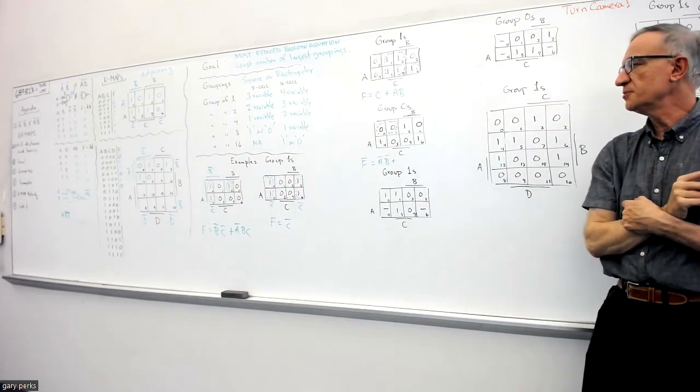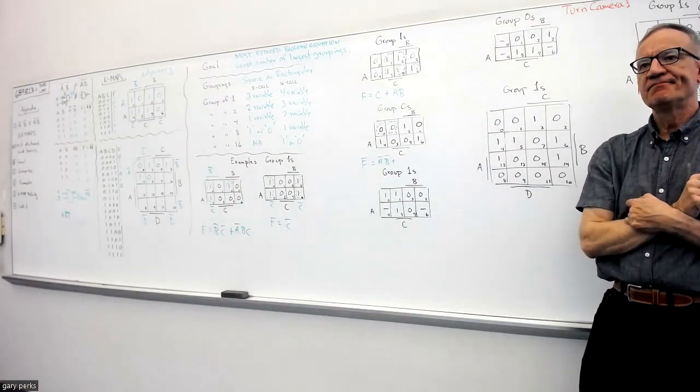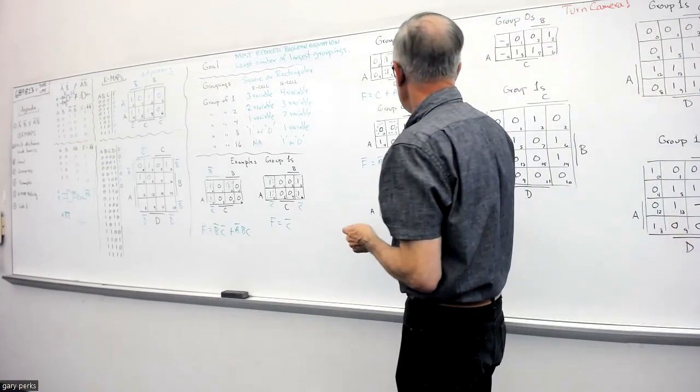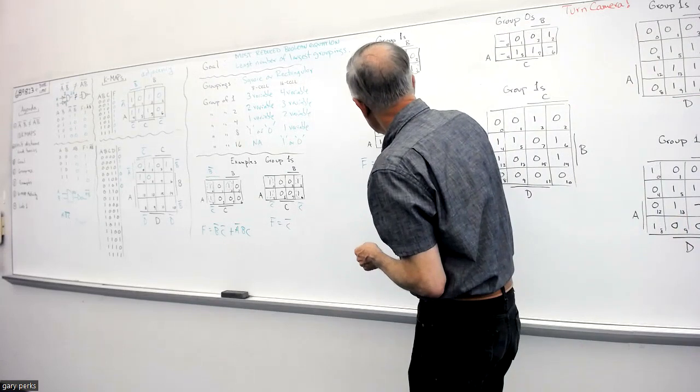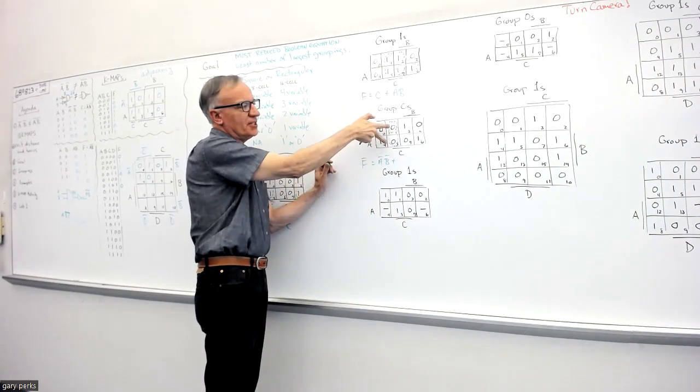What would you want to group next? Let's see, 1 and 5. Okay, we could do 1 and 5. So by doing 1 and 5, what term are we going to get? What's common to this two grouping here?